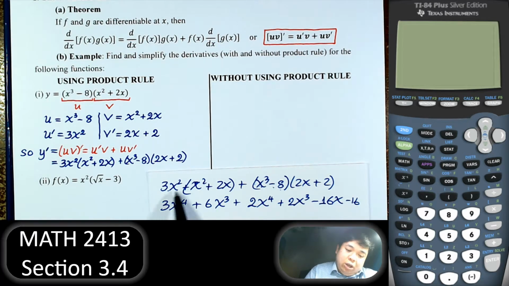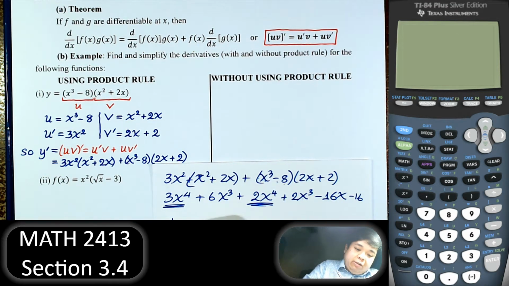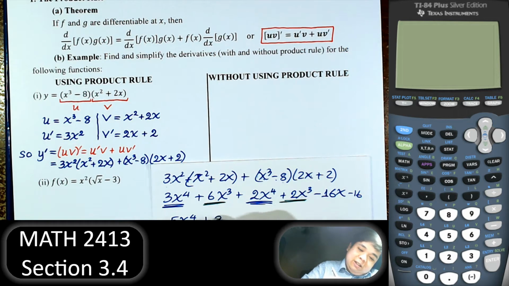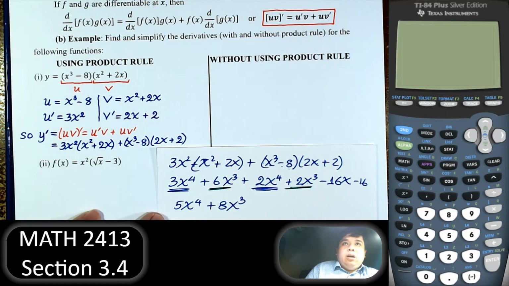So combine like terms: the 4th power gives us 5x to the 4th, the cubes give 8x cubed, and minus 16x minus 16.